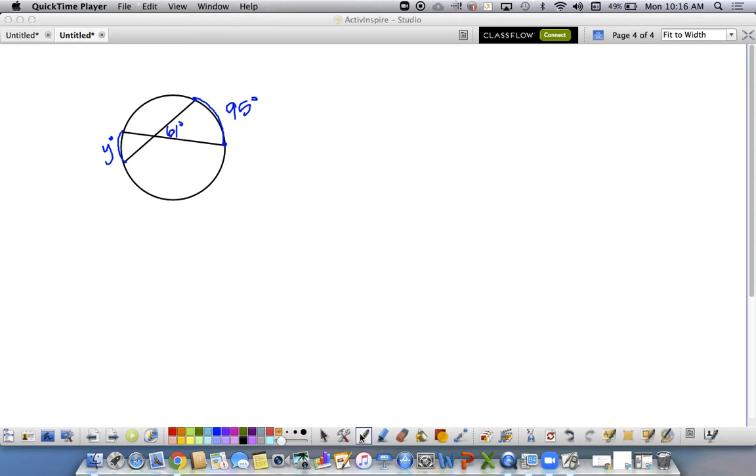Okay? So the measure of the angle equals 1/2 of the two arcs added together. Okay? I should have used the other letters. Let me not use them. So my 61 degrees will equal half of 95 degrees plus y degrees, the two arcs.